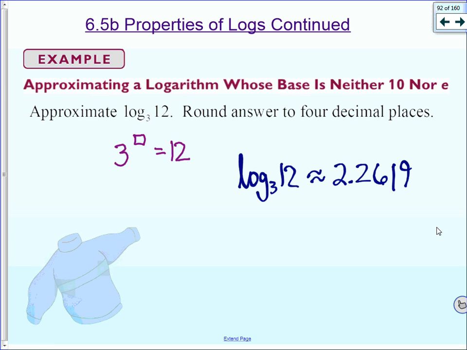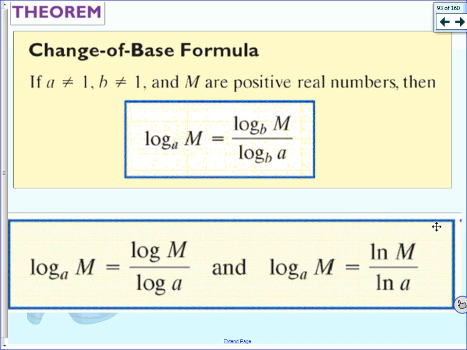Okay. So that's approximating the logarithm through the whole guess and check method. Let's see how we would actually find it on a calculator, which is more advanced. So what we can do is what's called the change of base formula. The change of base formula allows you to change any base to anything you want it to be.